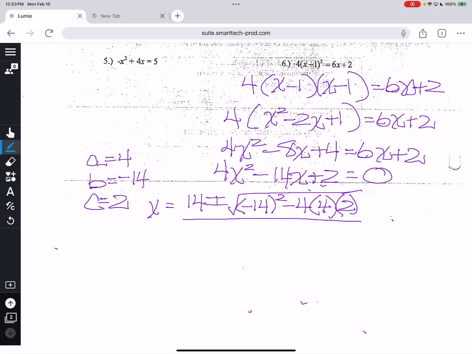In standard form, the last number, the c, is 4 minus 2, because the 2 comes over as a negative. Who has the denominator yet? 8. 4 times 2. So negative 14 squared is 196.